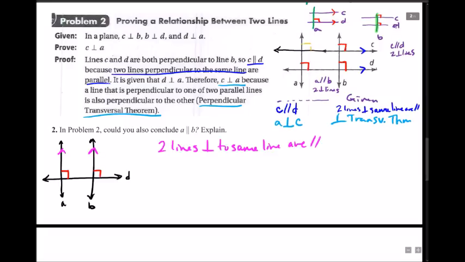And you also could have done this. There's A and B. We just proved that those are perpendicular. So it doesn't matter which one of these you use, we end up with the same reasoning.